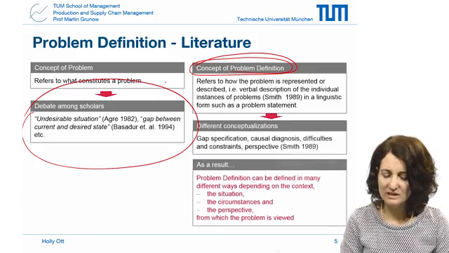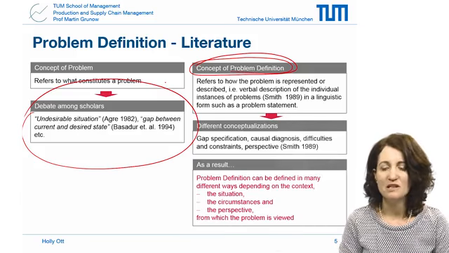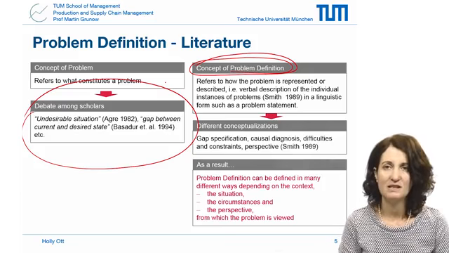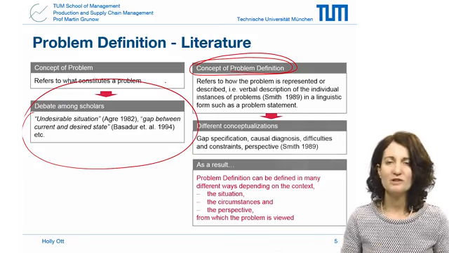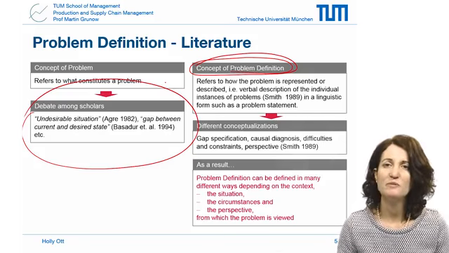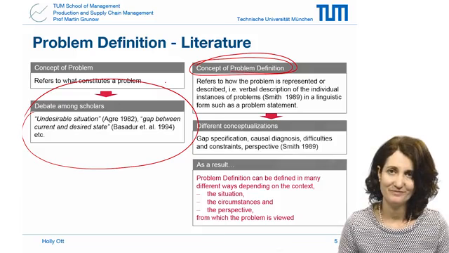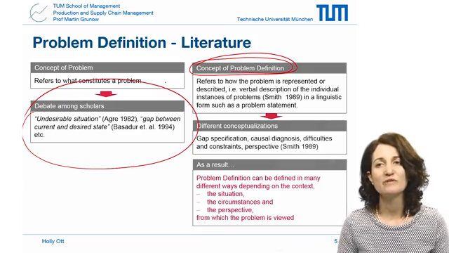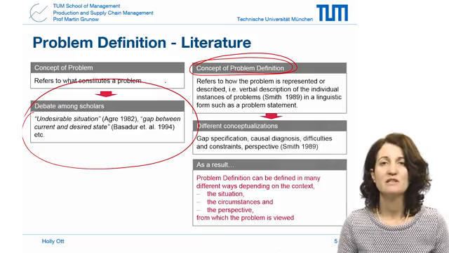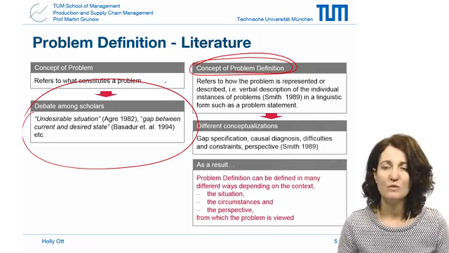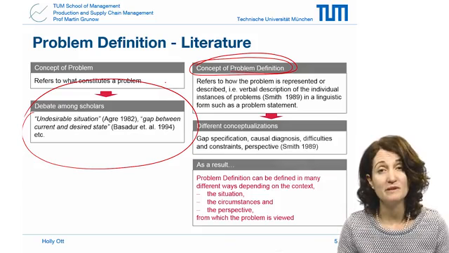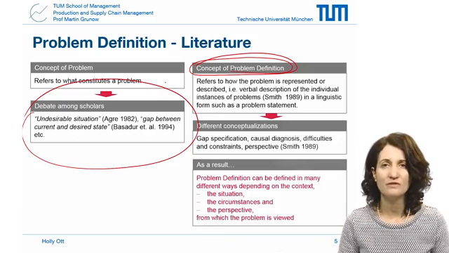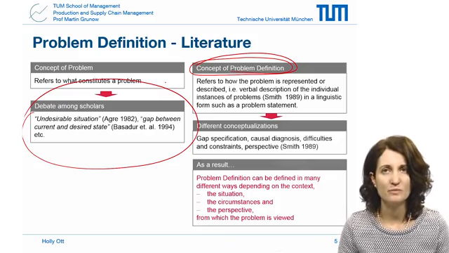The conclusion is that problem definitions can be defined in many different ways, depending on the perspective of the people. So what do you need to take away from here? Problem definition is not trivial. And this is where the Six Sigma framework supports us. For the define part of the project, we need to understand what the customer expectations are, to understand what the problem is, so that we can follow our flow in order to effect a process improvement.